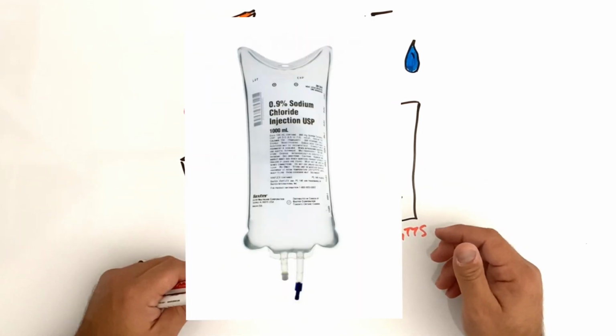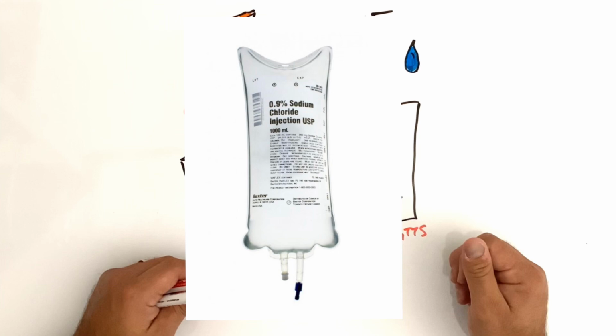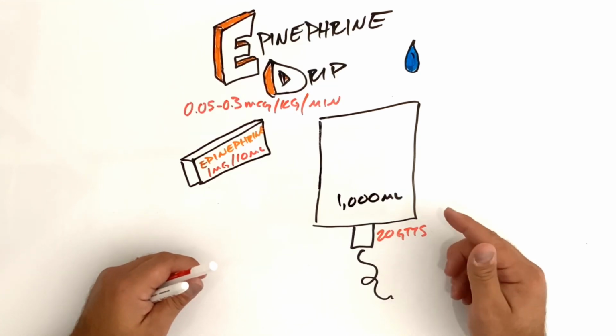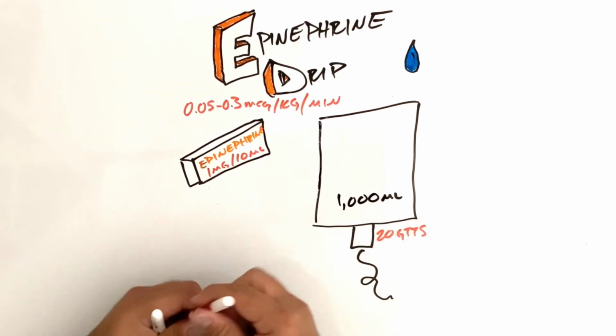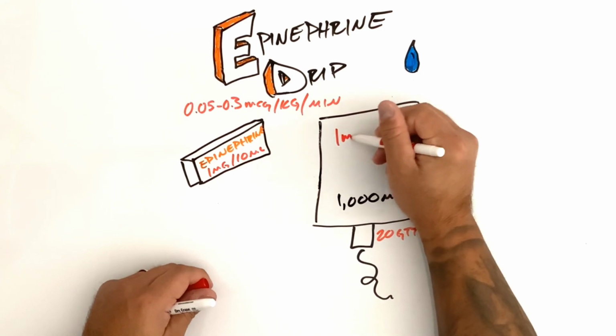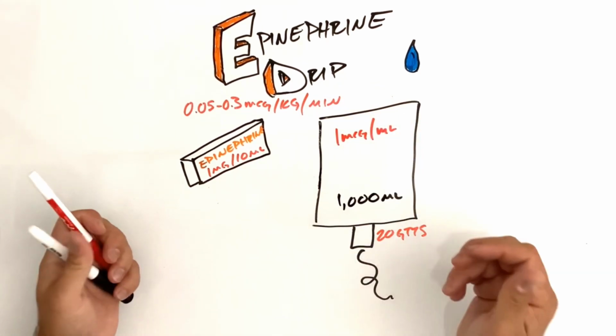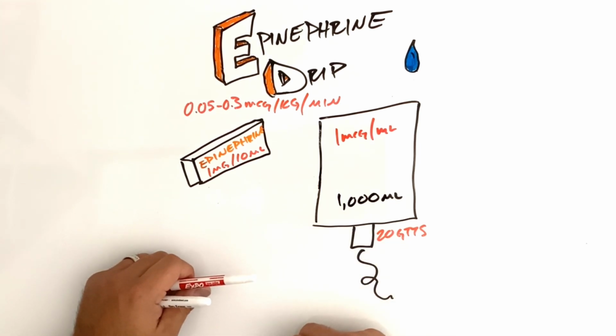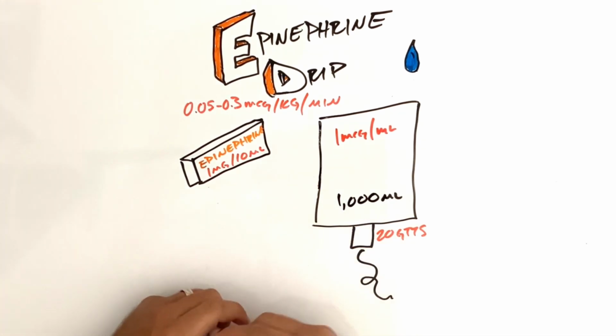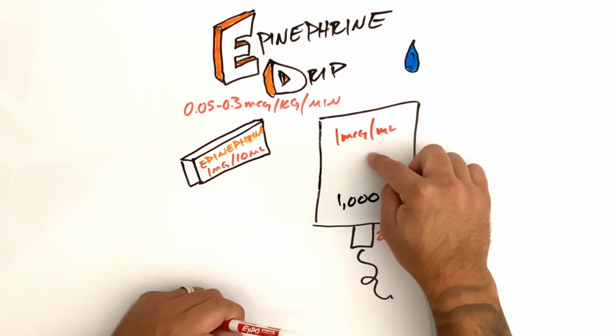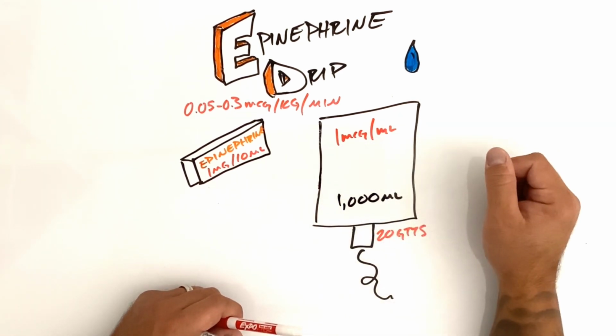Let's start off with a 1,000 bag. So we have our 1,000 bag of normal saline. First thing we need to do is achieve a 1 microgram per mL solution. So how do I do this? The first thing I'm going to do is identify my micrograms per mL, which is 1 microgram per mL, and how many mLs I have in my bag.